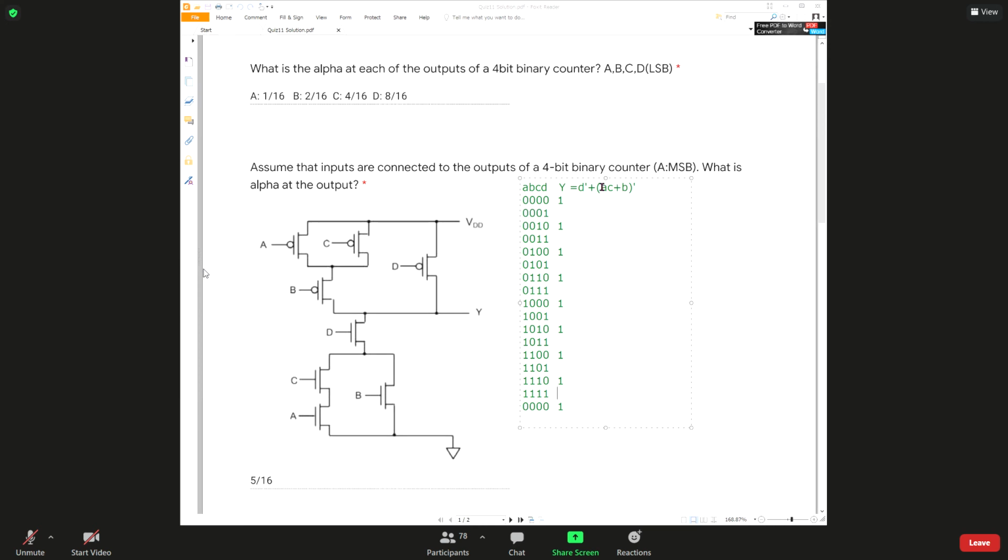Is there other times when my output is going to be 1? Well, actually, when B equals 0, yeah, when B equals 0, do you think I'll get a 1? Look at this expression.